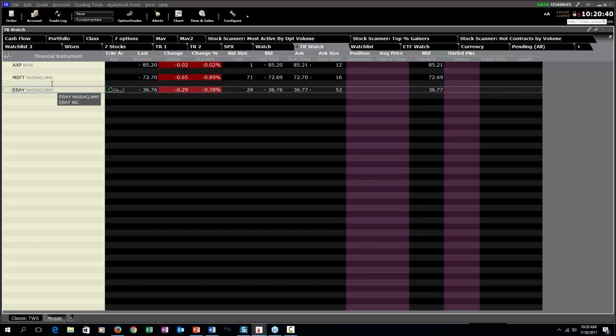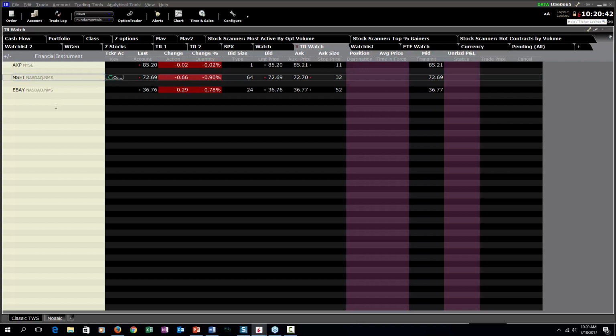But eBay is clearly expected to be more volatile than Microsoft, and that makes sense. eBay is maybe not as well established, not the huge corporation, not as transparent, and so forth. So that's the market's expectations. Now, you might disagree. You might say, I think this one's going to be more volatile than that one. We'll look at some factors, some ways to look at this a little bit further, but that's the first step.